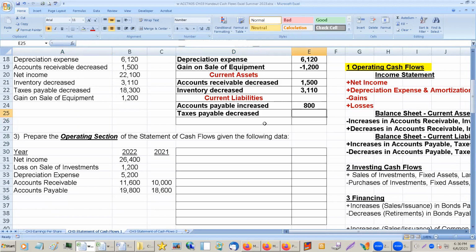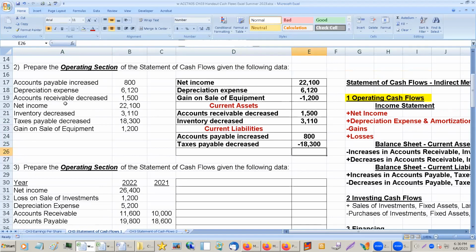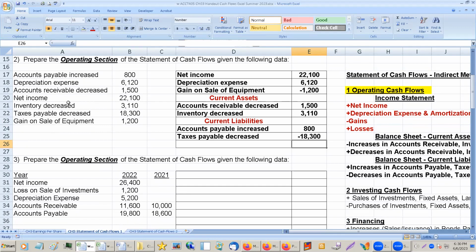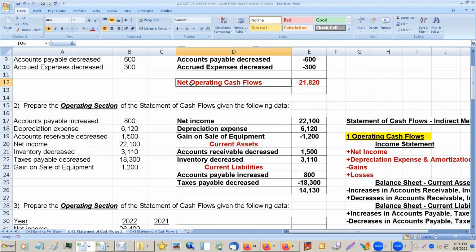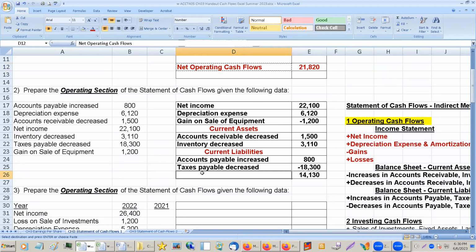Well, the only way those decrease is if you pay them. So our cash goes down. I think that's all of them. So this is our net operating cash flows. 14,000. This one's a little unusual. They have this big lump payout of taxes for some reason.